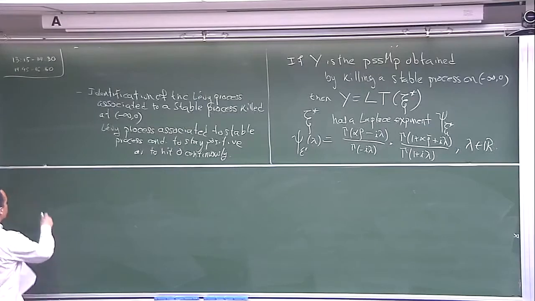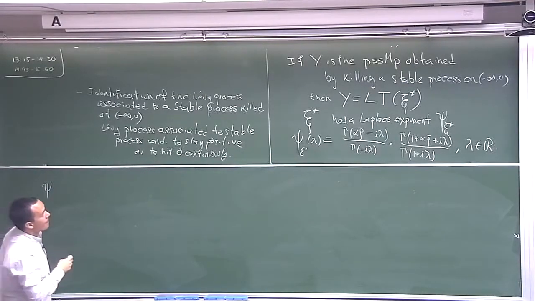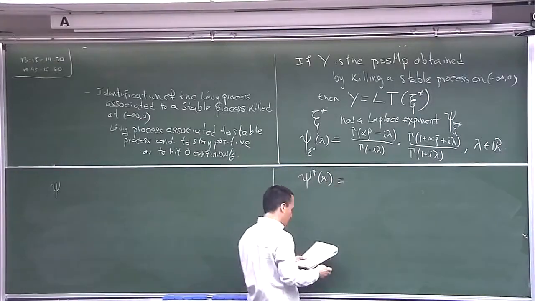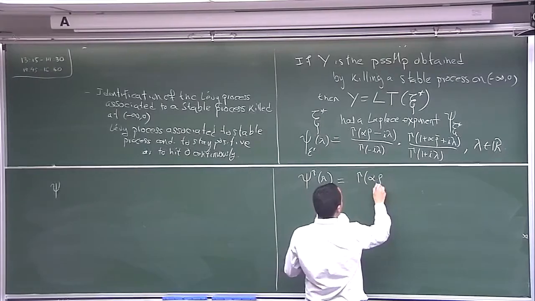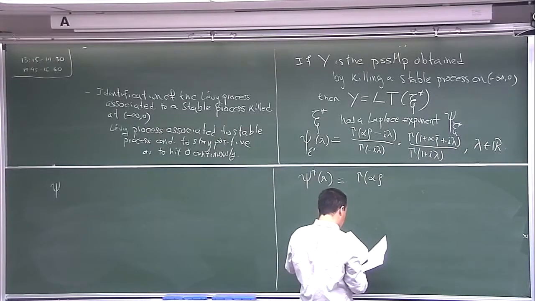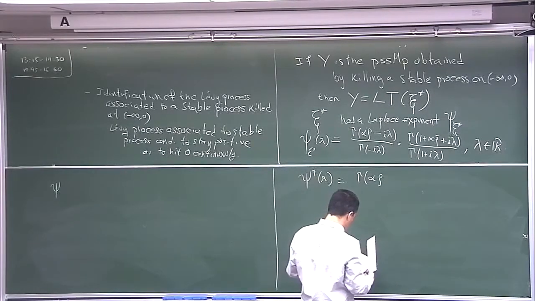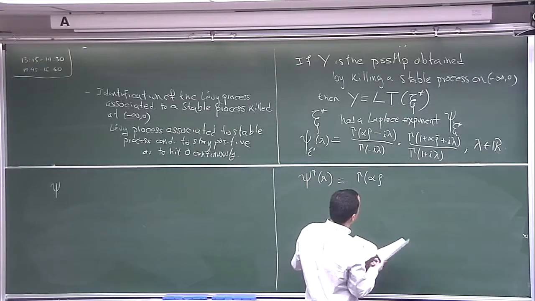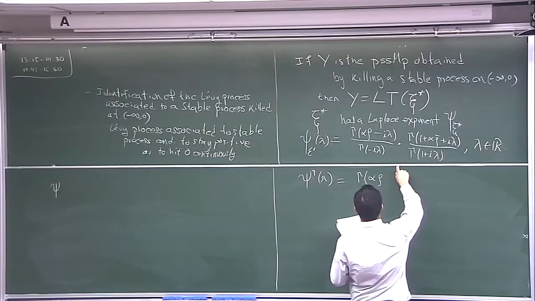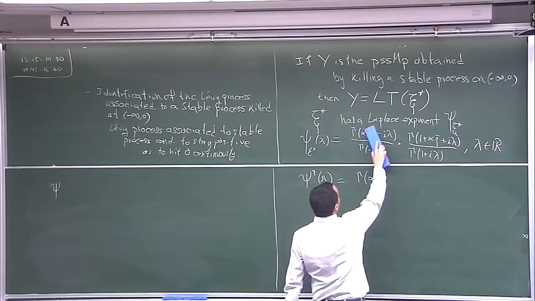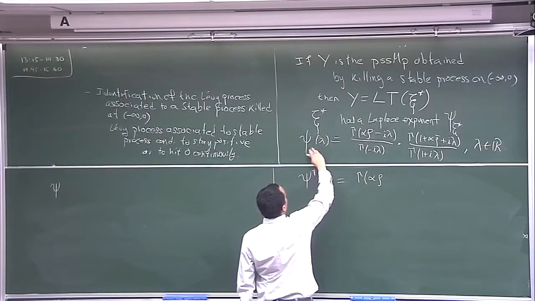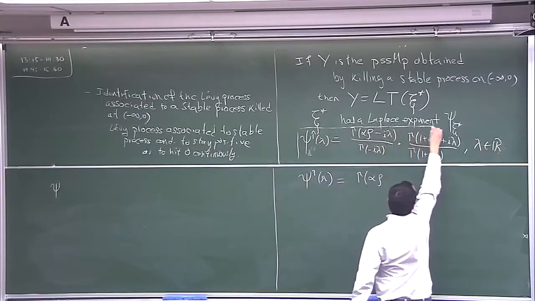So if we do that, then we check that psi of lambda is equal to gamma alpha rho... This is wrong. Sorry for that, I actually copied this one. Let me do that. So this one is the correct one.